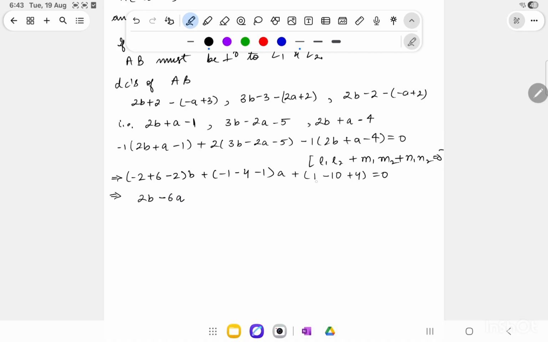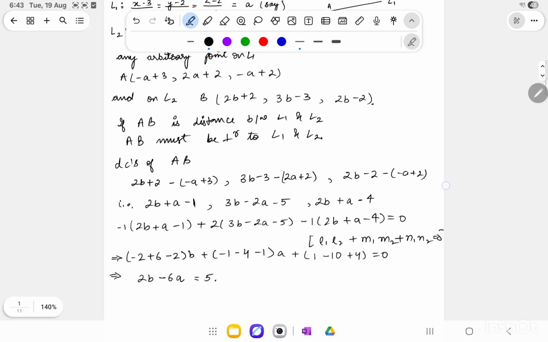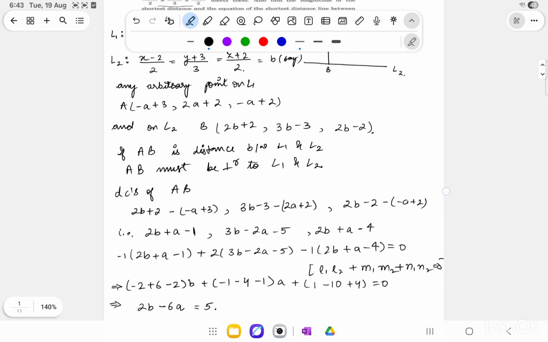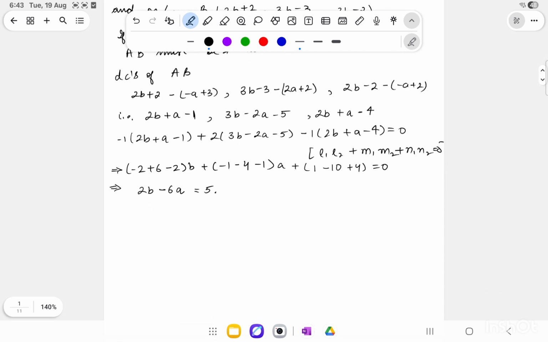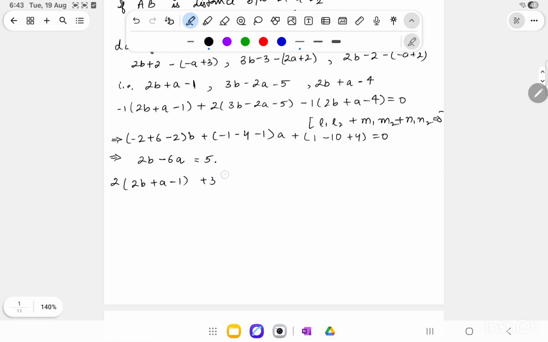And if I use the perpendicularity result with line L2, I will get 2 into (2b plus a minus 1) plus 3 into (3b minus 2a minus 5) plus 2 into (2b plus a minus 4) equals 0.